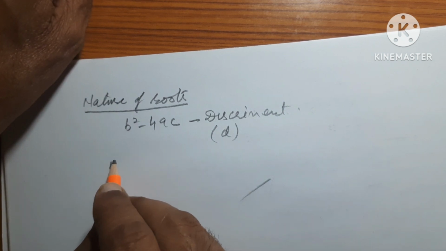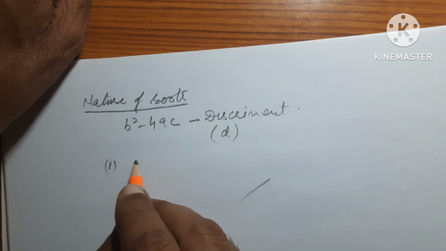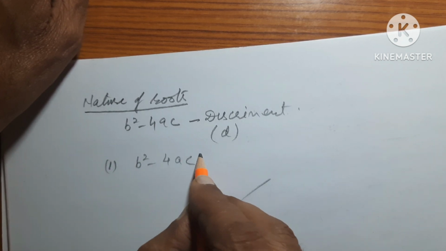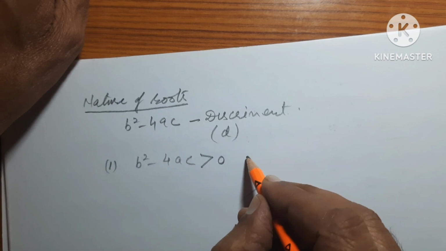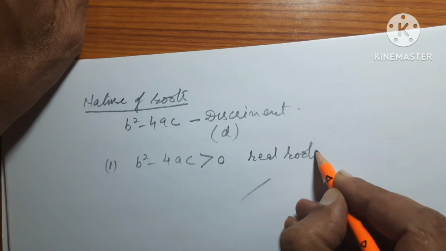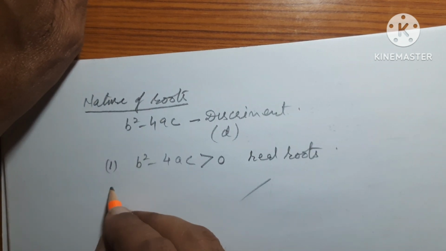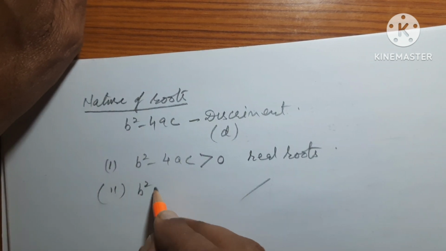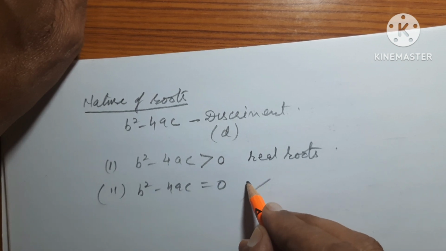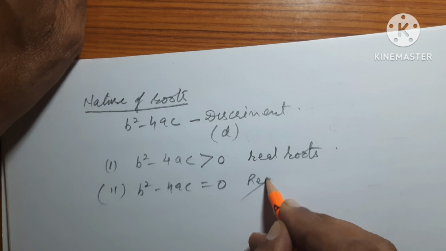So there are three possibilities. First, when b square minus 4ac is more than 0, it will have real roots. Second condition is, if b square minus 4ac is equal to 0, that means it will have repeated roots.